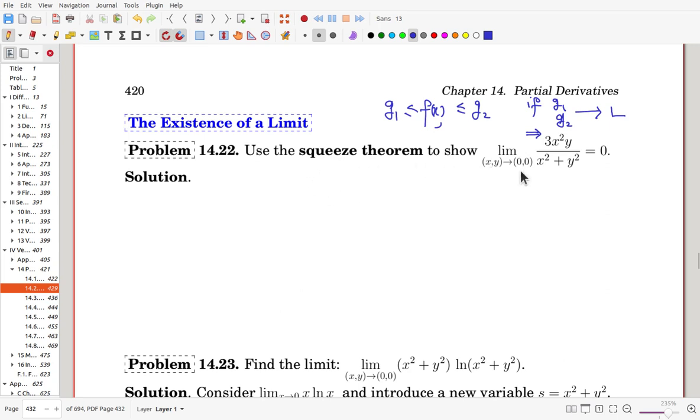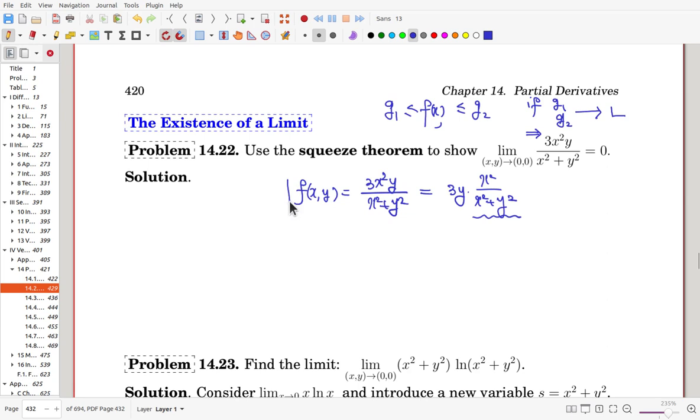We have to use the theorem to show that the limit of this function as (x, y) approaches (0, 0) is 0. First of all, we say f of (x, y) is 3x squared y over x squared plus y squared. For this one, we may rewrite it as 3y times x squared over x squared plus y squared. Now, this term is always bounded by 1.